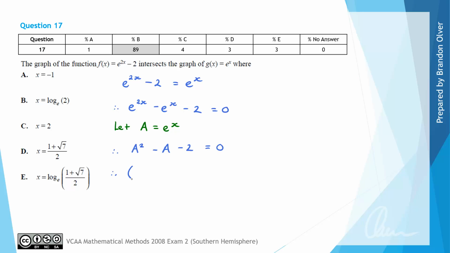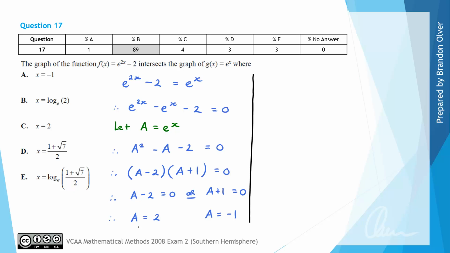We can now factorize this: A minus 2, bracket, A plus 1, equals 0. So A minus 2 could equal 0, or A plus 1 equals 0. Finally, A equals 2 or A equals negative 1 as the possible options that we need to work through.